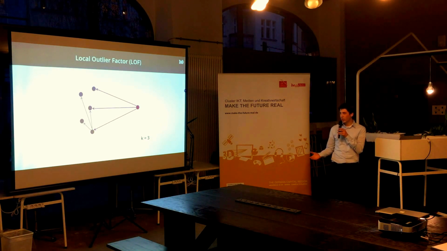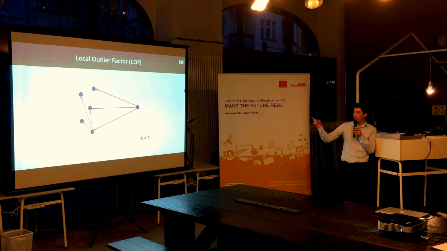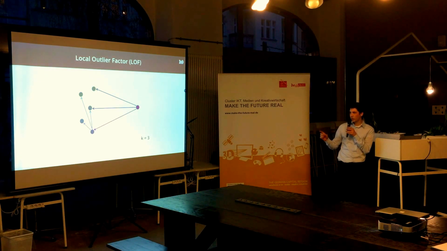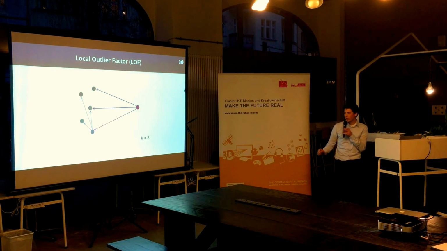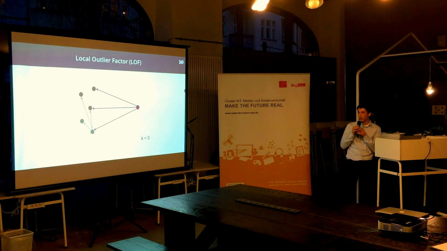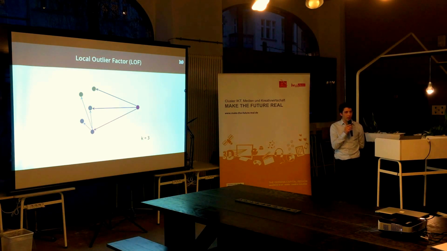The density depends on the distance to the next points. In this example, the gray points are my data, and the red point is an outlier. As you can see, the 3 nearest neighbors of each gray point are quite close, so they have a high density, whereas for the outlier they all have a big distance and therefore very low density.